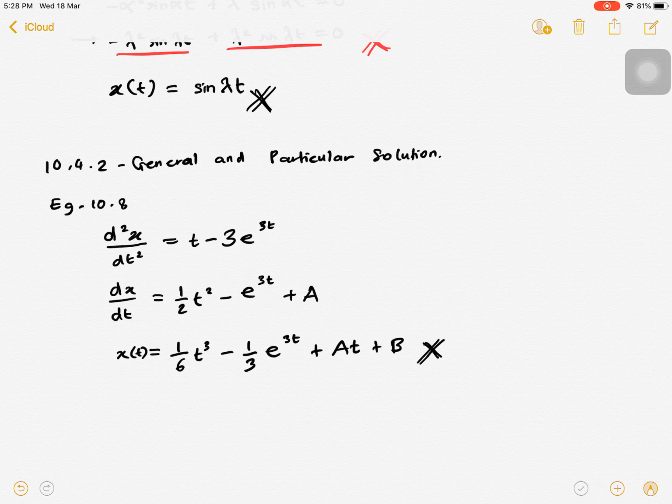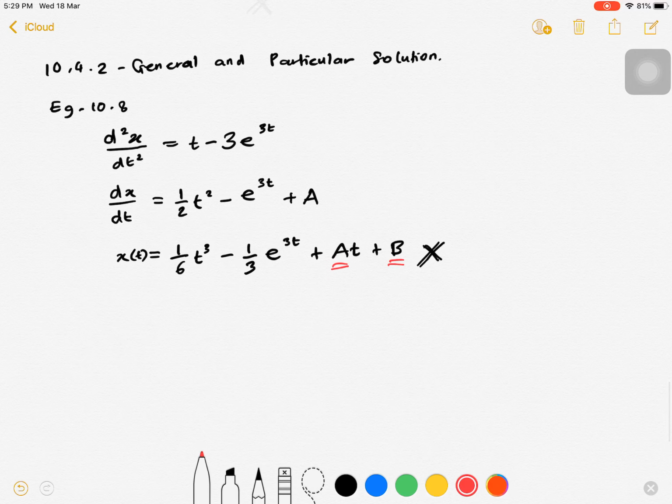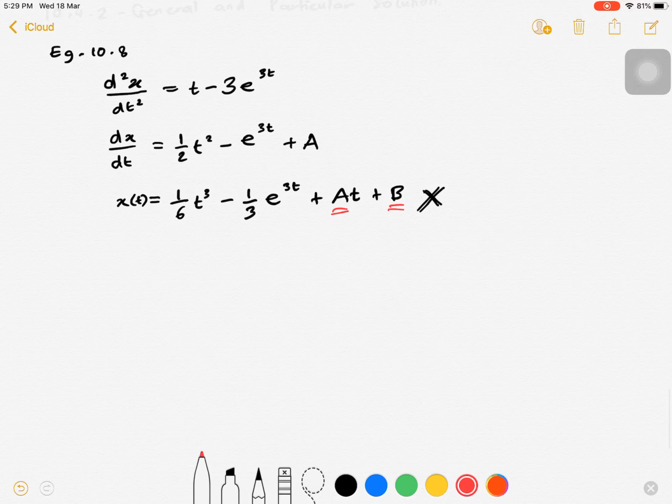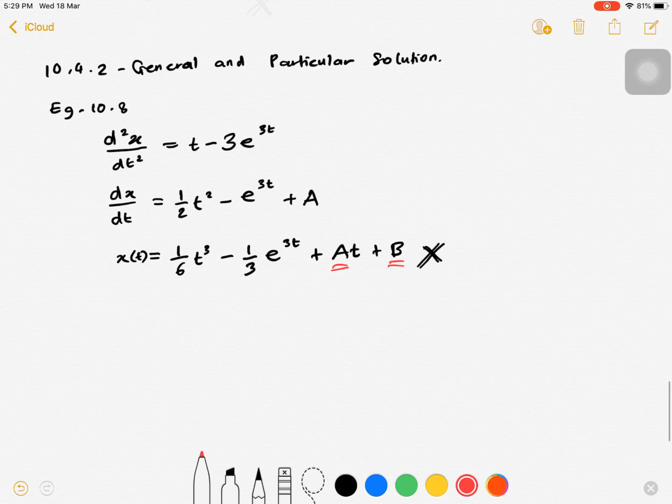This is the general solution where we don't know what's the value of a and b, because there's no other additional information to calculate a and b. So this is the simple way of solving ODE, i.e. the general solution.